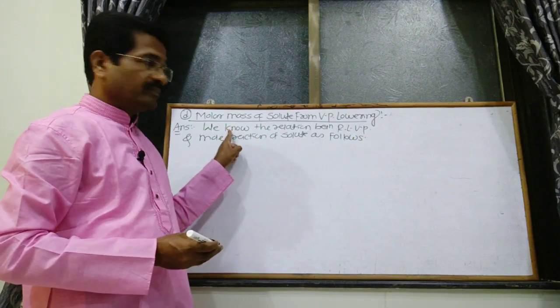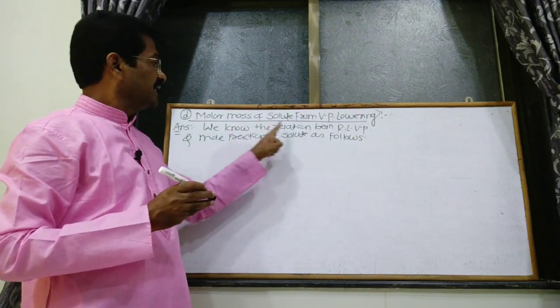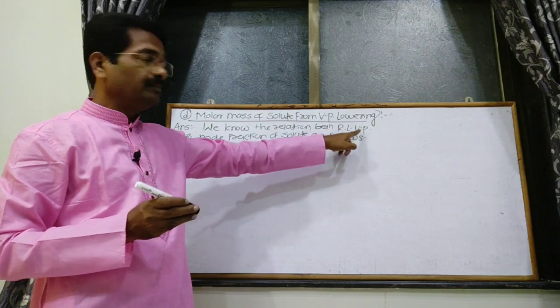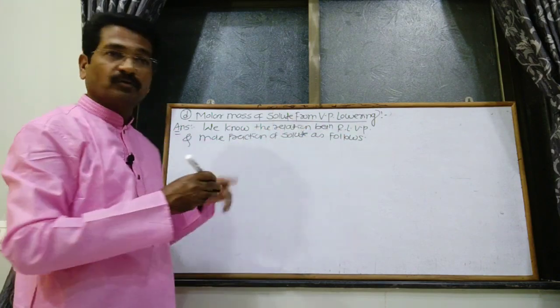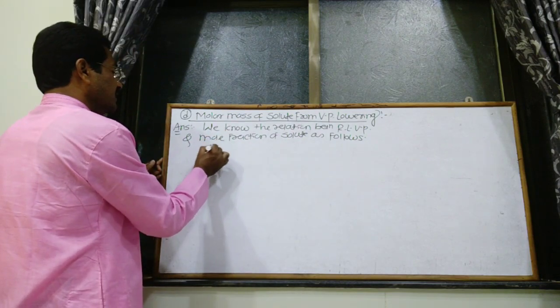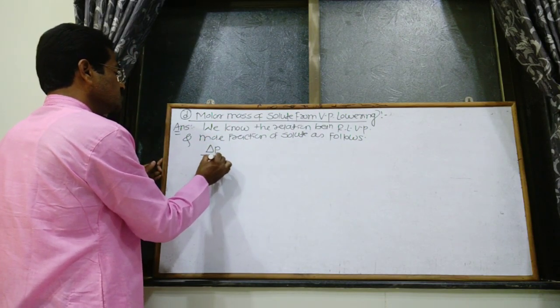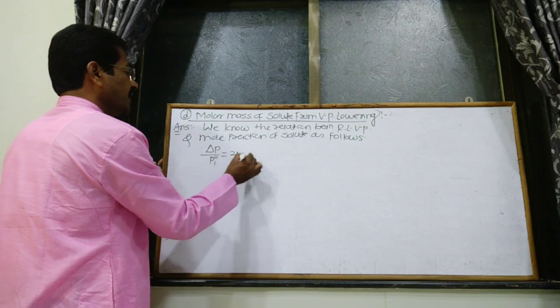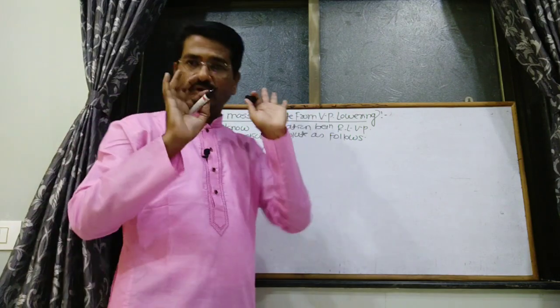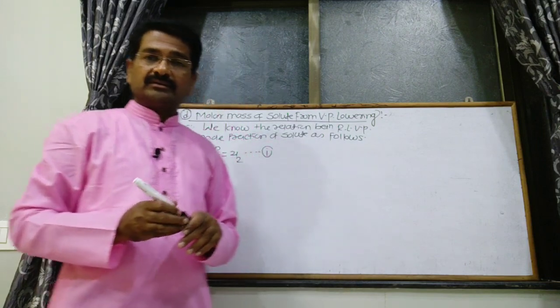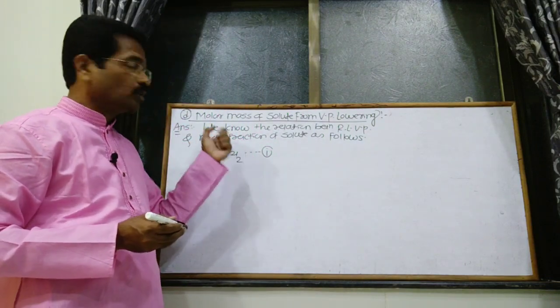We know the relation between RLVP, relative lowering of vapor pressure, and the mole fraction of solute as follows. What is the relation? Delta P upon P0 is equal to X2. Put that as equation number 1. All of you know. So relative lowering of vapor pressure is equal to X2.